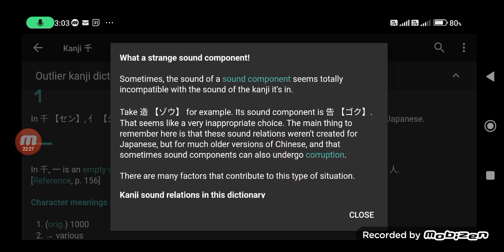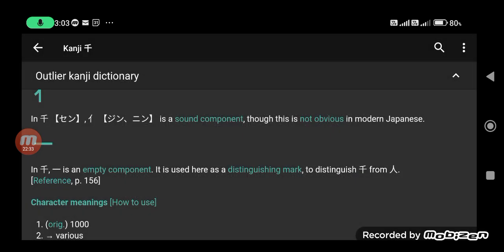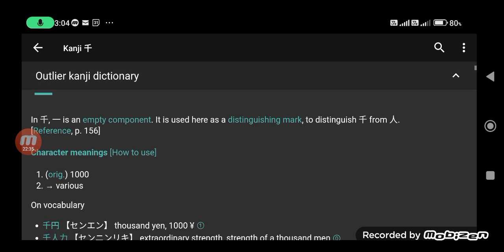So I will also put that in the description box. Okay, so the ichi here is just a distinguishing mark to distinguish sen from a human. This kanji is for a human, jin or nin.